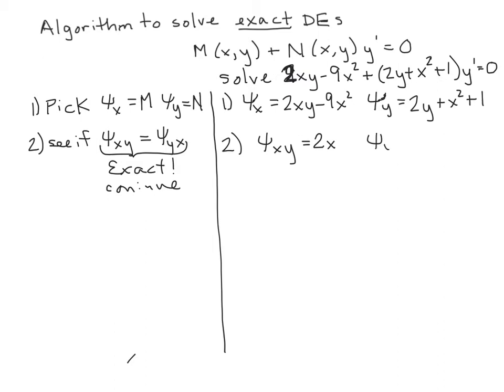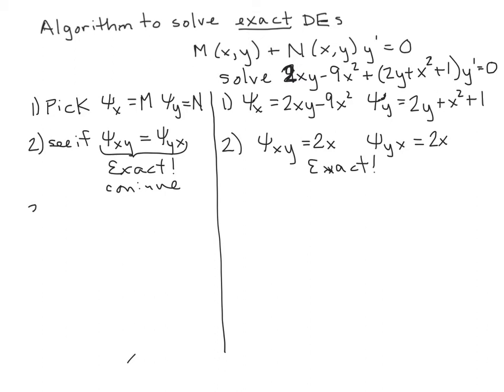So now let's take the partial of this other function with respect to x. And so that means that y is constant. So 2y is constant and the derivative is 0. It means x is not constant, so we take its derivative, and it means 1 is constant, derivative of 1 is 0. So these are equal. That means this equation is exact, and we can continue.